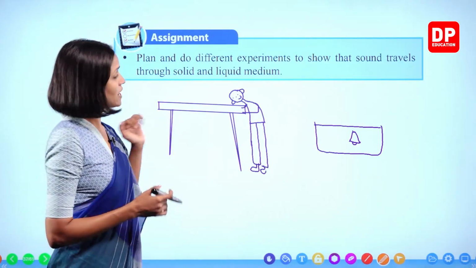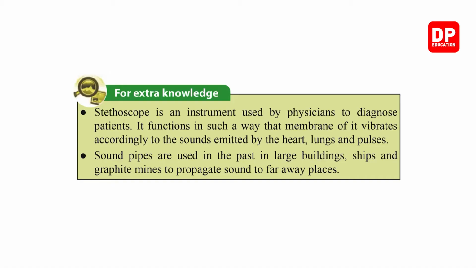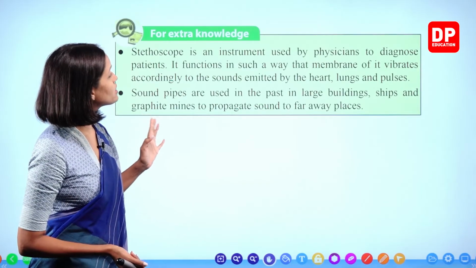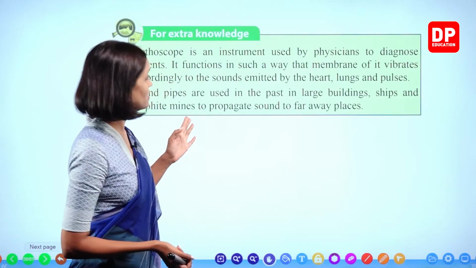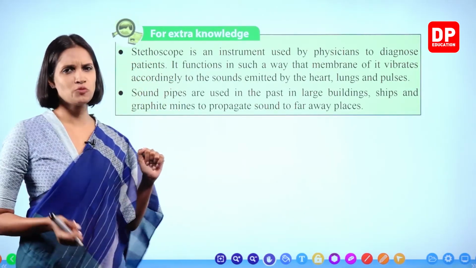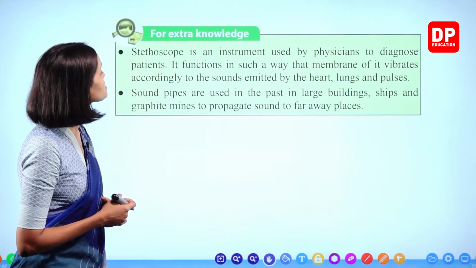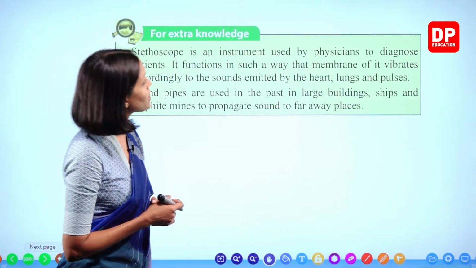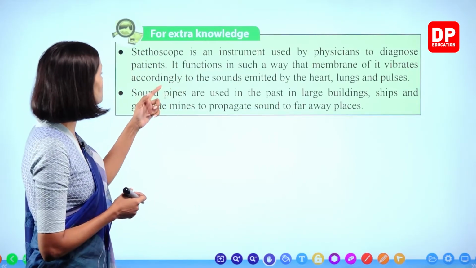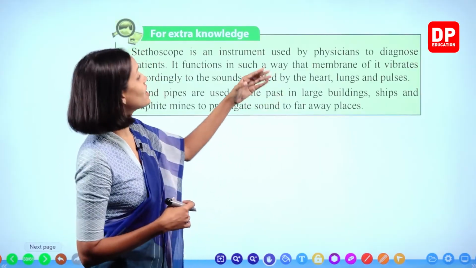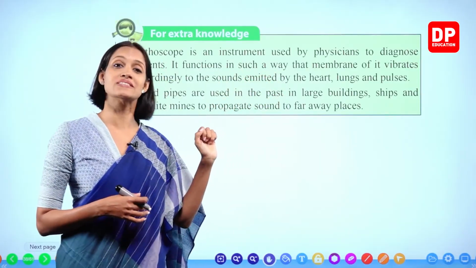Okay, right. We have this extra knowledge part. A stethoscope is an instrument used by physicians to diagnose patients. You must have seen doctors use this stethoscope. It functions in such a way that its membrane vibrates according to the sounds emitted by organs like the heart, lungs and pulses.